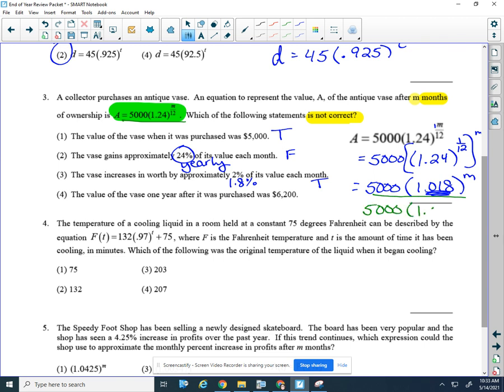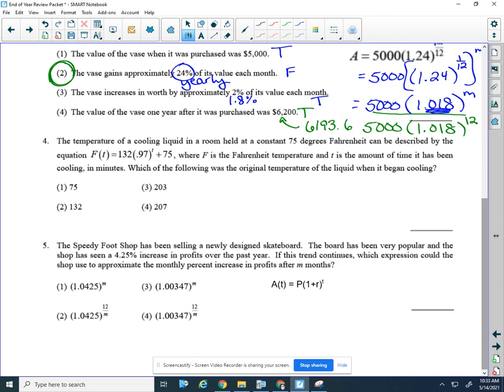I'm going to plug in 12 months. If you put a 12 in this equation and the starting one, you get the same answer. I'm running out of room. Let's say about $6,200, 6193. I'd say that's close enough. These are tricky because they're written so that everything seems correct.